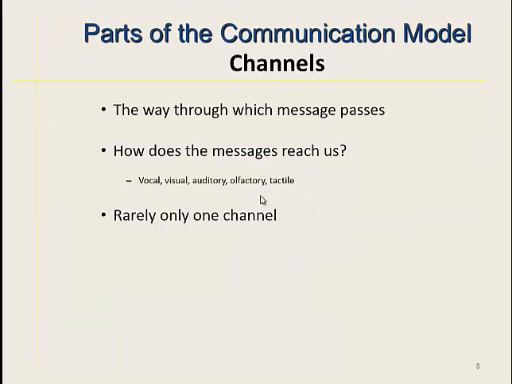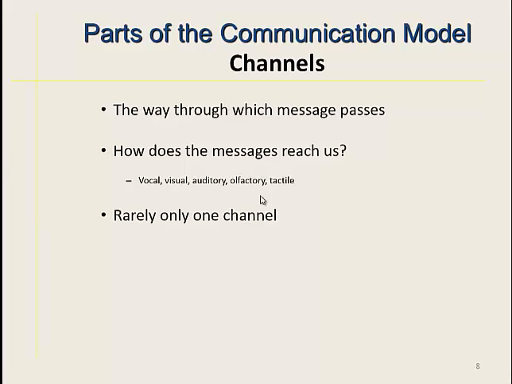Next part of the model is the channel. The channel is the way through which the message passes. How does the message get there? How does it reach us? And you can think about the 5 senses: vocal, visual, auditory, smell, and touch. And rarely does a message get from one place to another through only one channel.